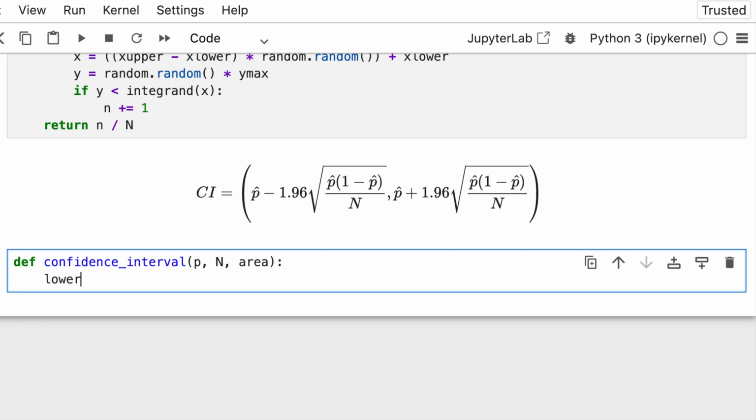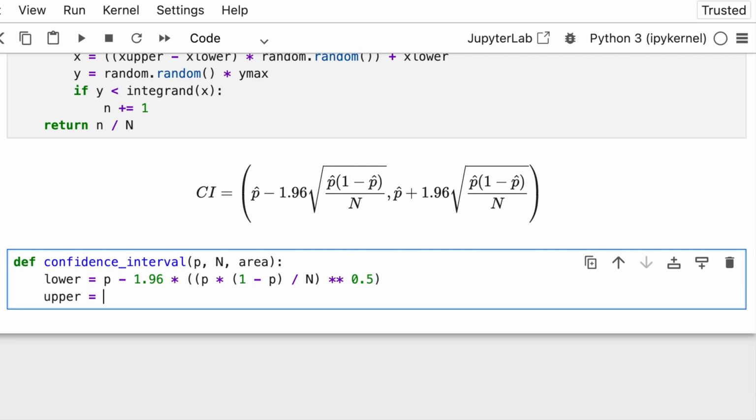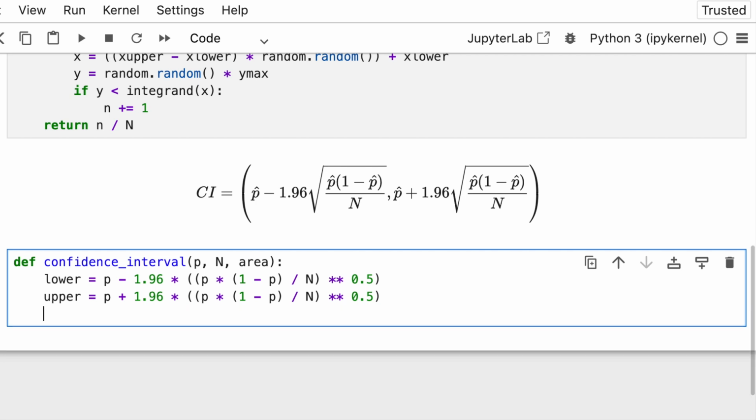So the lower estimate for our proportion, and our upper estimate for our proportion, will be scaled up by the sample area, giving our confidence interval.